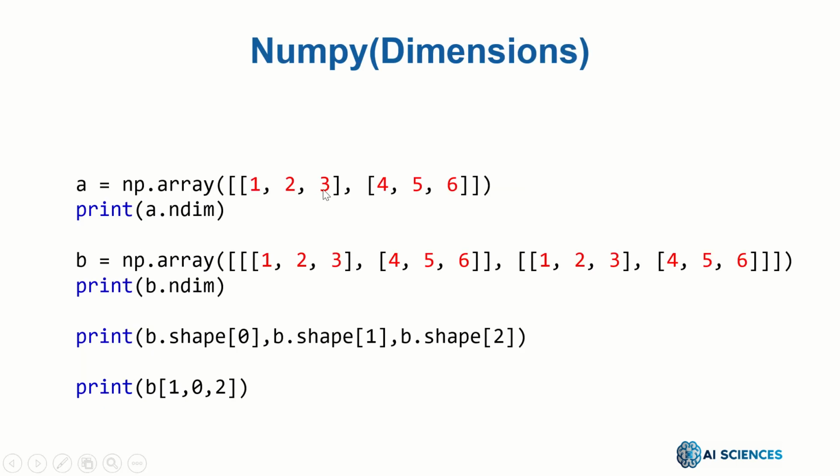let's see how you can see different properties, like what is this property ndim? Can you define arrays that are multidimensional? Can you define arrays of arrays, and arrays of arrays of arrays?